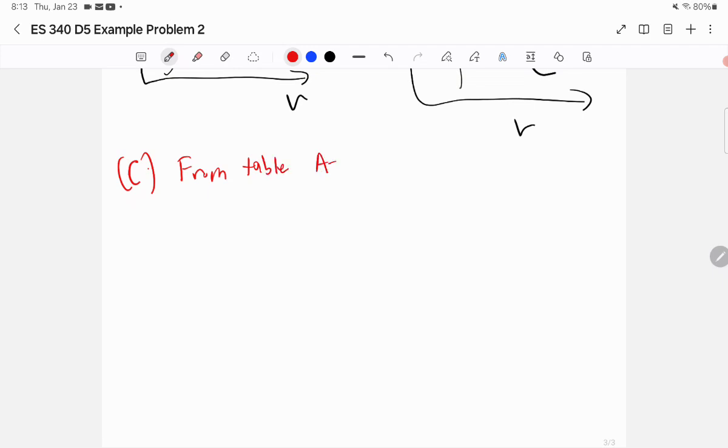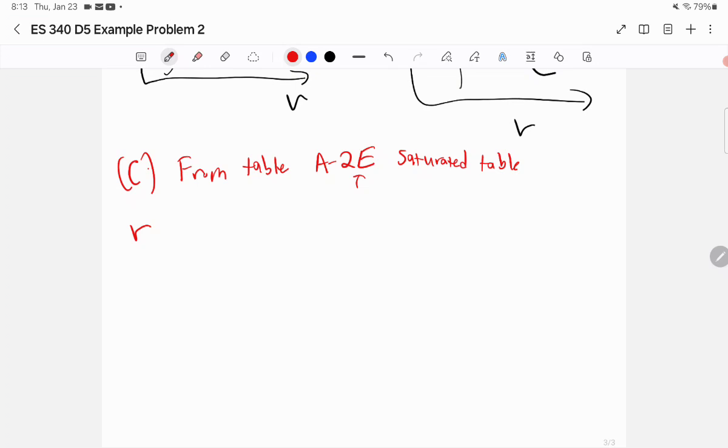It's table A-2E, because that's the English units table. And this is the saturated table, right? Because it has to be saturated if it's in the mix. It has to come from the saturated table if it's a mix. So that's good.